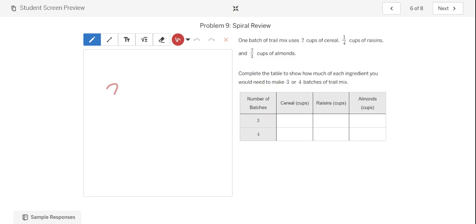If you need 2 cups of cereal, 1/4 cup of raisins, and 2/3 cups of almonds, if I multiply that by 3, I get 6, 3/4, and 2/3 times 3 is just 2. If I multiply by 4, I get 8, 1, and then I get 8/3.